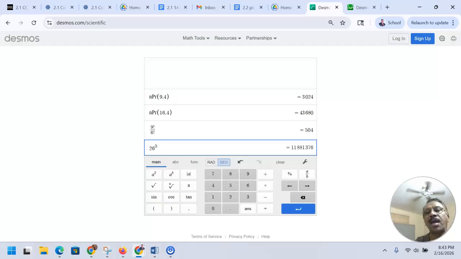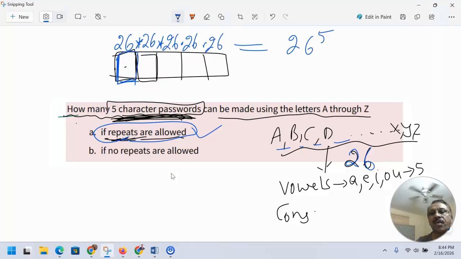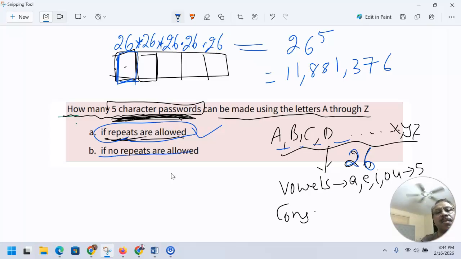Put a 5 and you get the answer 11,881,376. So this answer is going to be 11,881,376 possibilities.